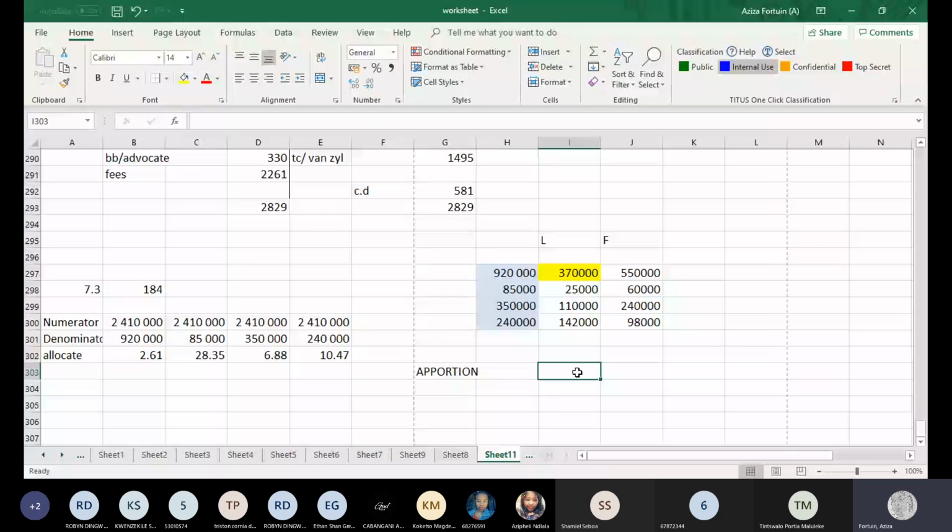If I say 550,000 times your 2 rand 61196, then I'm going to get 1,440,780. So altogether, that is going to add up to 2,410,000. So when we apportion these two, I have to get my full cost.